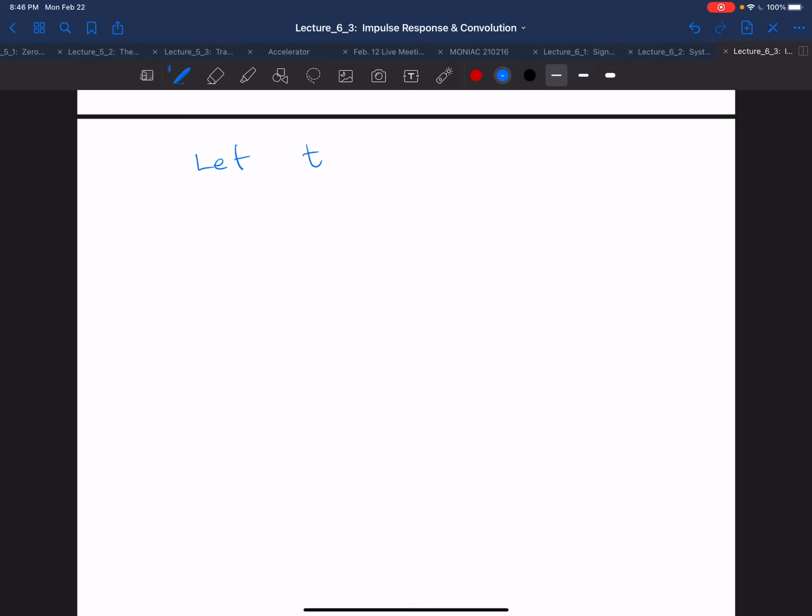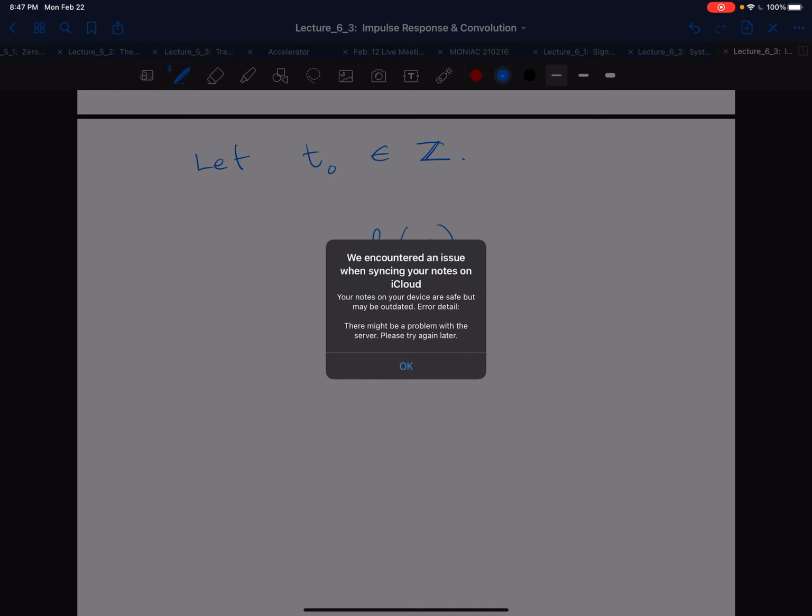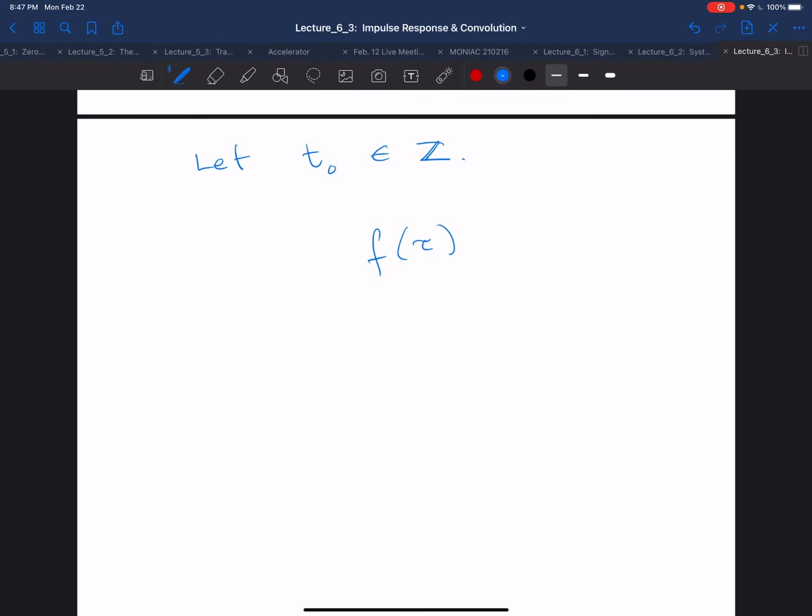Let's choose a particular value of t, let's call it t naught, say. Then what happens if we take our function f, any function f, and I'm going to use tau as a variable of summation. So let's consider values f of tau.